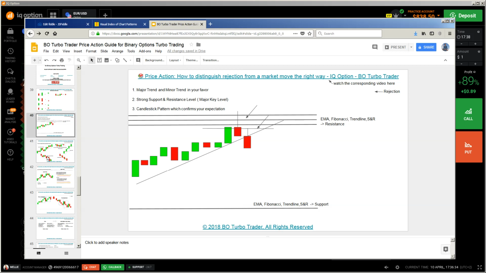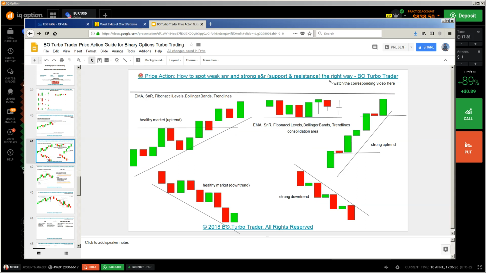This is a market condition, which is really important to distinguish. The good reversal trade, which should be a reversal trading setup, would be here in this market, a healthy uptrend or healthy downtrend.